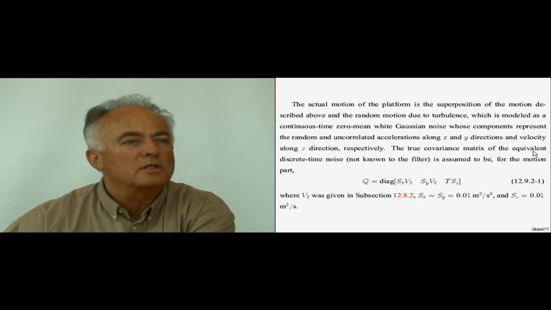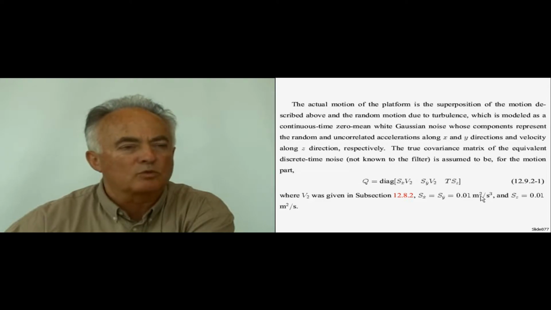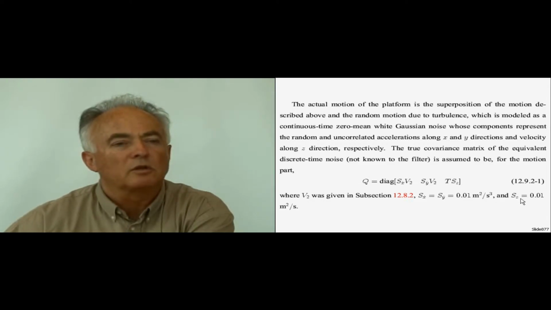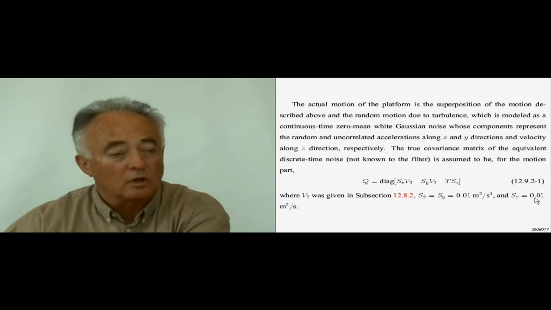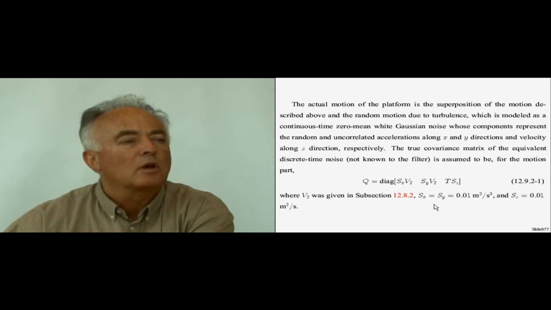The covariance matrix of the equivalent discrete-time noise, not known to the filter, for the motion part is Q given by this expression, where we had the matrix V2 given earlier, with power spectral densities in the x and y coordinates of white noise acceleration 0.1 meters squared per second cubed, and in the vertical motion S_z, these are velocity inputs because it's a single state, 0.01 meters squared per second. This is the unit here.